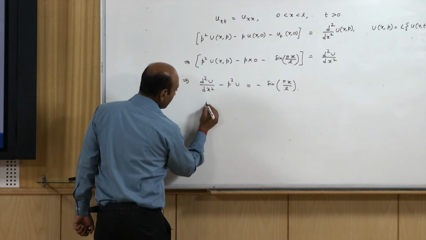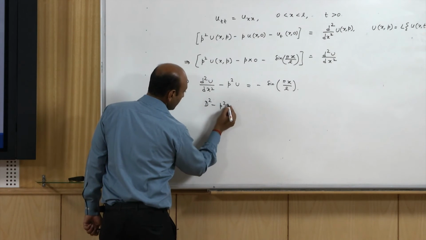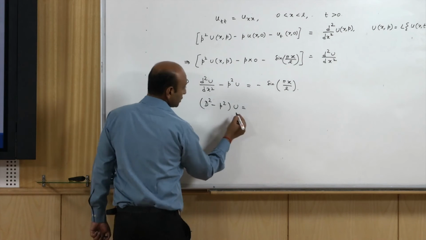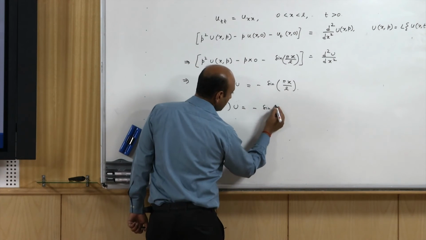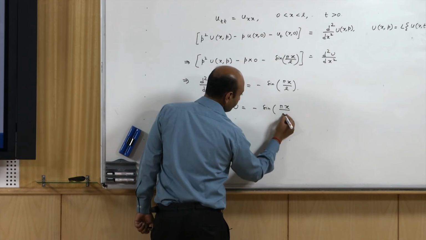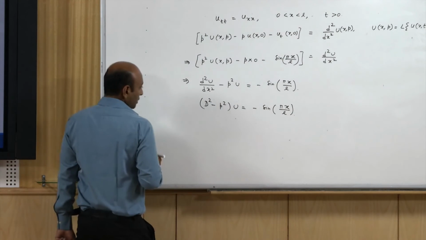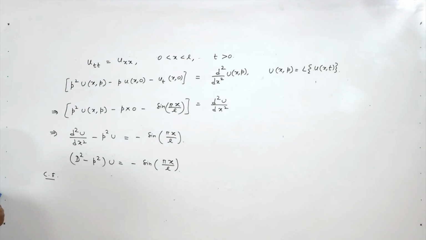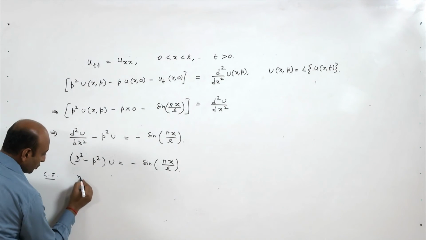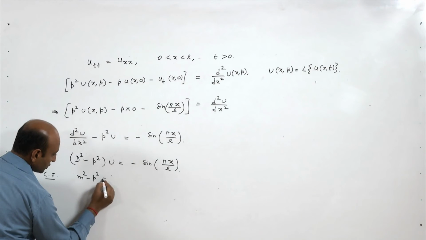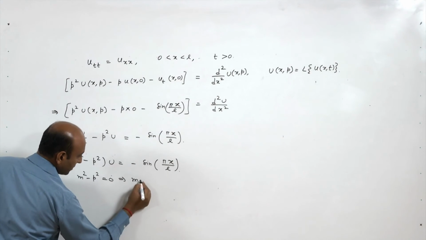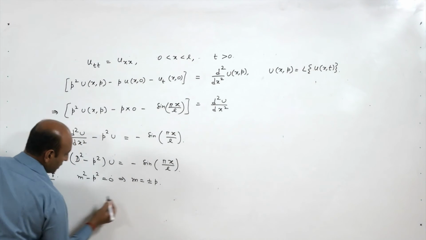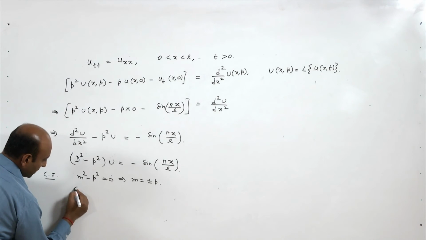It is nothing but (D square minus p square) U is equal to minus sin pi x by L. The complementary function: m square minus p square equal to 0, so m will be nothing but plus minus p.